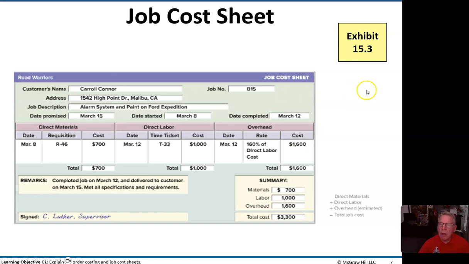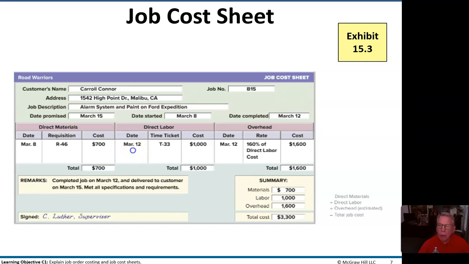Here is the job cost sheet, and we'll go through this in a little depth here. Here's the direct materials for, we're building this alarm system for Carol Connor, and that's the alarm system and paint on a Ford Expedition. Okay, it tells you what the job number is and the date we expect to complete it. So here is the requisition number for the direct materials, and they cost $700.